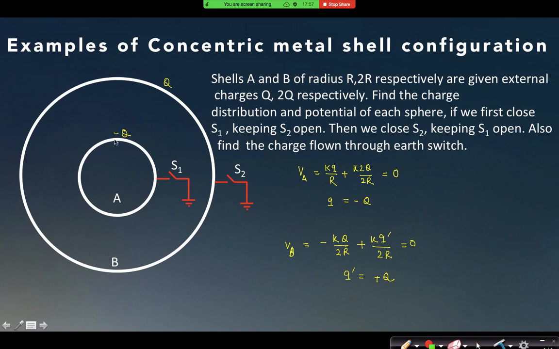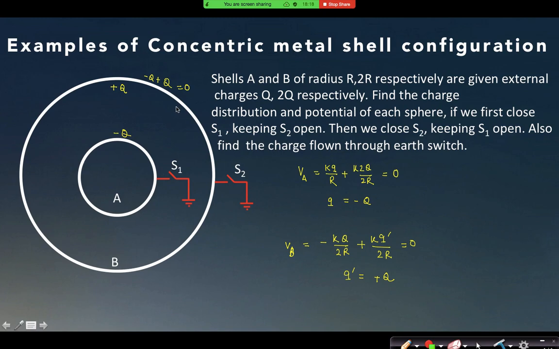This surface will carry minus q charge uniformly distributed. This inner surface will carry plus q induced charge. And what will be the charge on the outer surface of the shell? Zero. Minus q plus q, so that becomes 0.